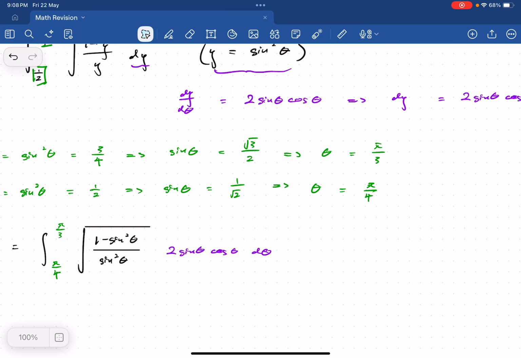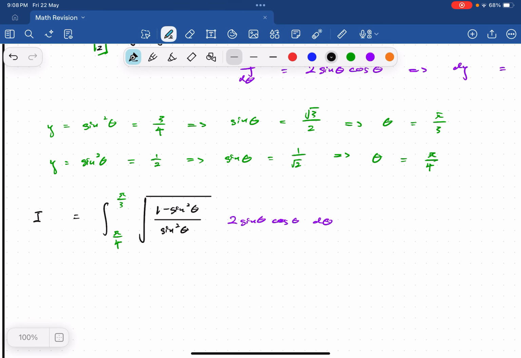And then, as I have said, this thing on top should hopefully be very familiar to you. That is just going to be cos squared theta over sine squared theta times this entire thing d theta.